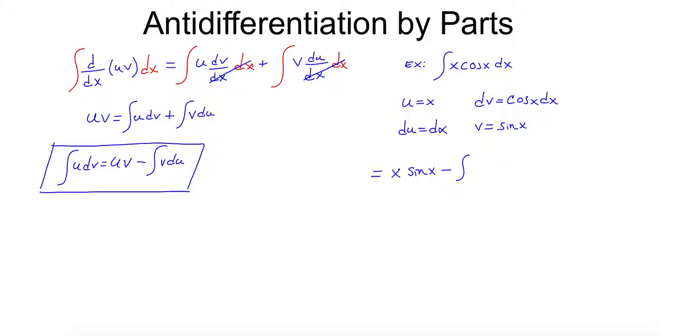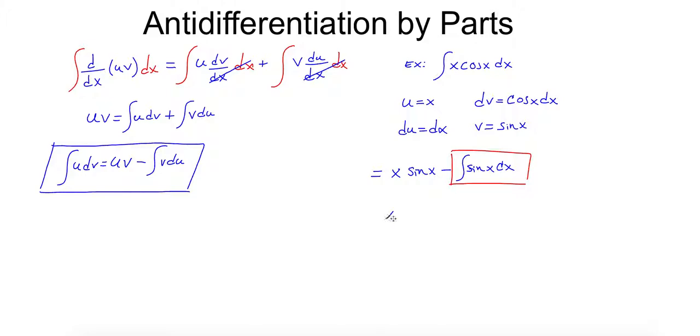And then the du was equal to dx, so I'll put that in here. And now the nice part about this is the integral that we see right here is very, very simple to take. We already know what the antiderivative of sine x is.